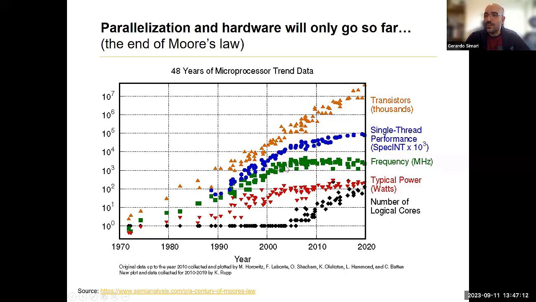The same thing with frequency: up until that time, it was pretty common to see frequency going up as the years went by. And the same thing with power in watts. So as I was saying, parallelization in hardware will help a lot, but it will only take you so far.